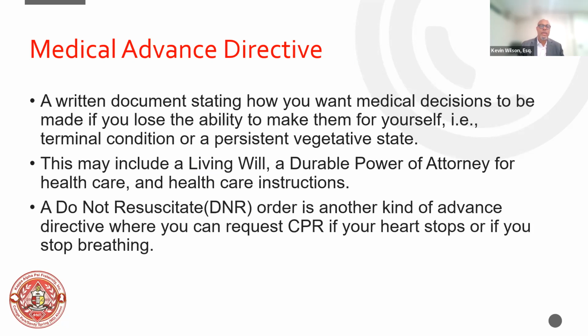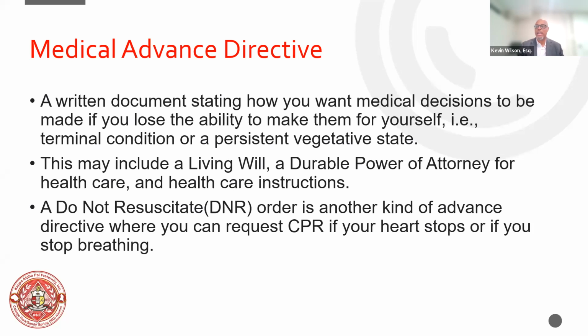Next, we have a medical advance directive. It's referred to by a number of names. Some people refer to it as a living will, some people as a medical directive. But what it is, it provides instructions as to how you want to be cared for in the event you are diagnosed with a terminal illness, or you're in a vegetative state.